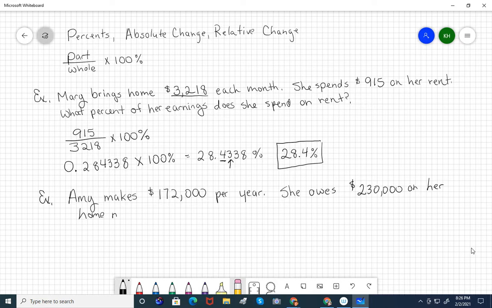This is not unusual. A lot of people borrow 2 or 3 times what their earnings are when they purchase a house. If you make $50,000 a year, you may borrow $100,000 or $150,000 when it's time to buy a home.